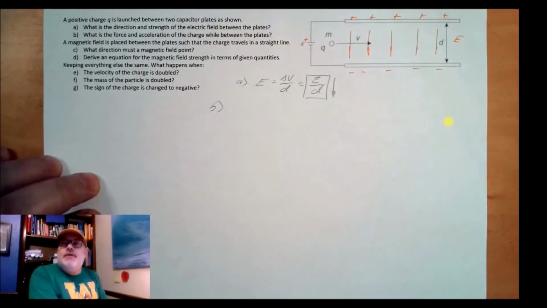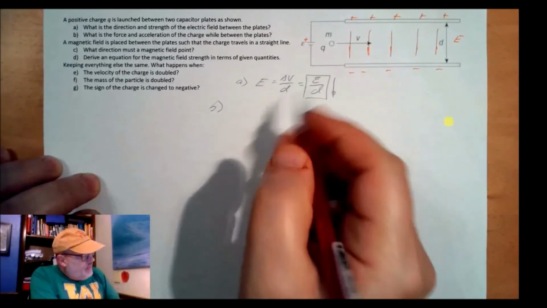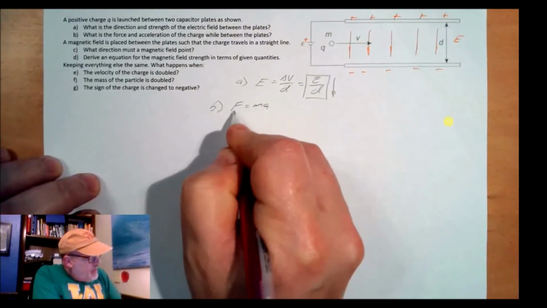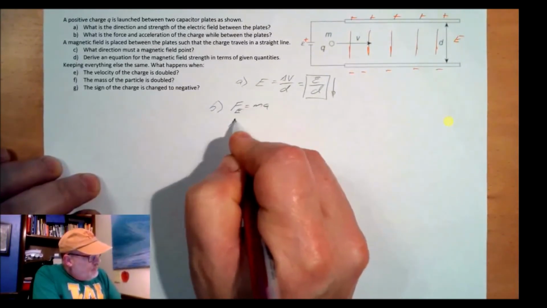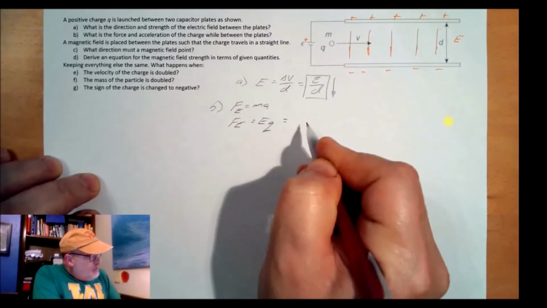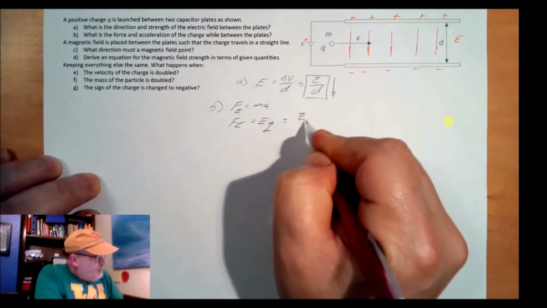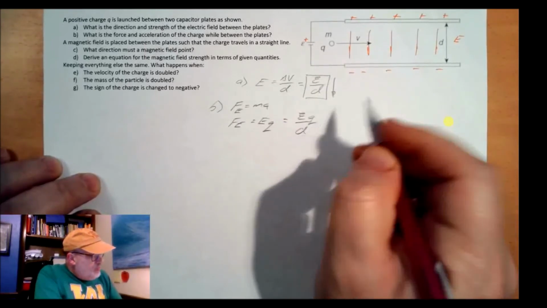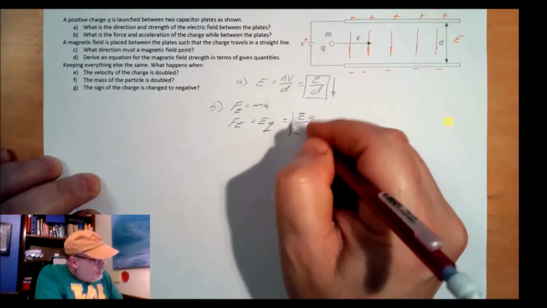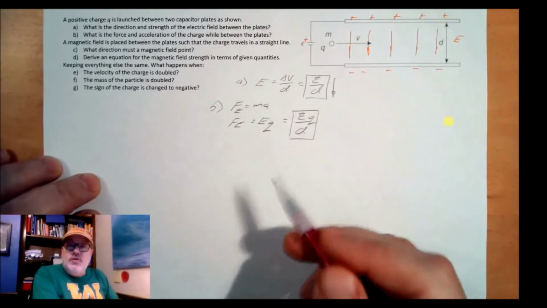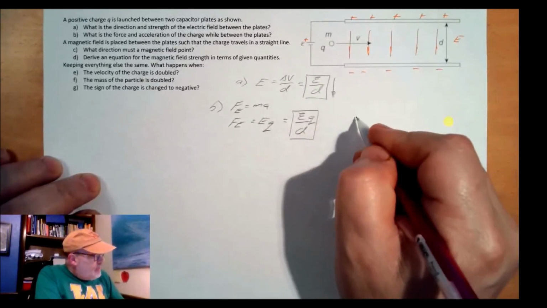Part B asks, what is the force and acceleration of the charge between the plates? So the force equals MA, and that's an electric force. So the electric force equals EQ, and our electric field is EMF divided by D, and our charge is Q. So there we go, EMF Q over D. To find our acceleration, we just set that equal to MA.